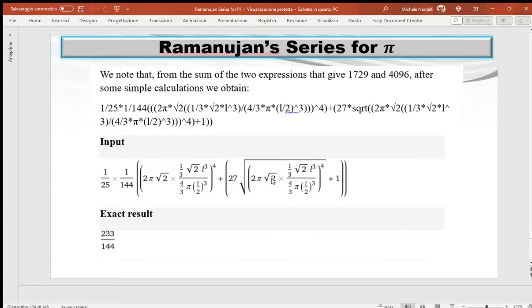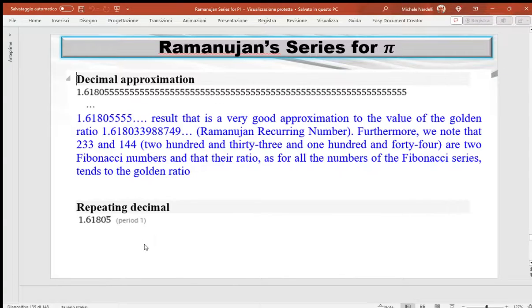The sum of this expression multiplying by 1 over 25 and 1 over 144, we obtain the following result, practically 253 over 144. That is equal to the following result. That is a very good approximation to the value of the golden ratio. That is also a Ramanujan recurring number.